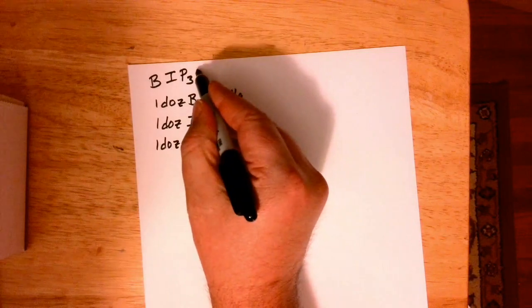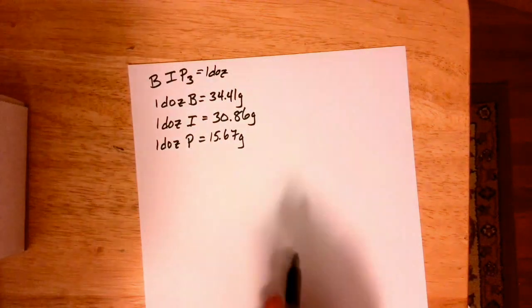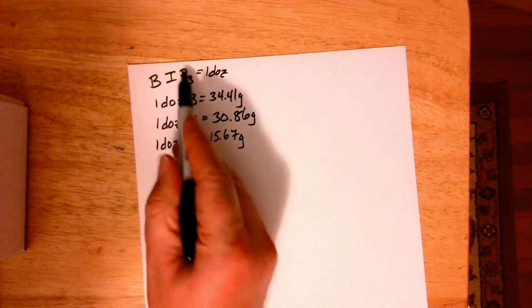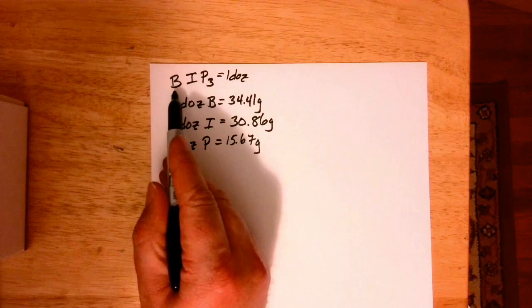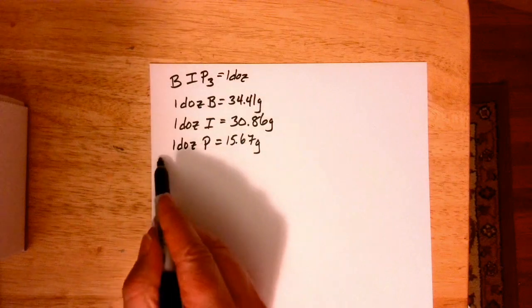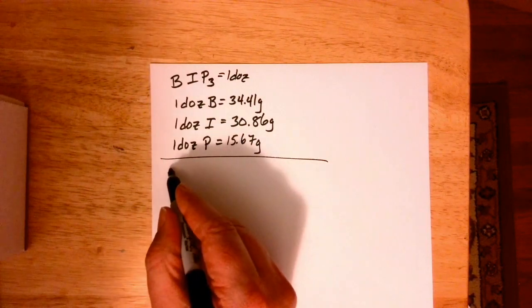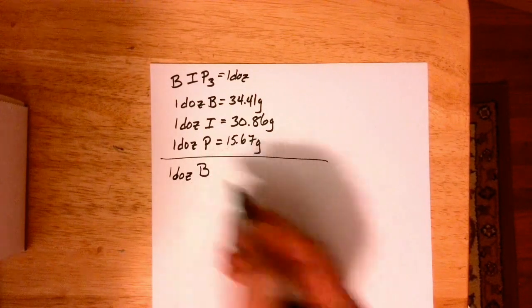And we had 1 dozen of these objects here. So if I had a dozen BIP3, how many would I have of just the binder clips? Well, if I have a dozen of these, I'm going to have 1 dozen binder clips. So I'm going to put down 1 dozen binder clips.